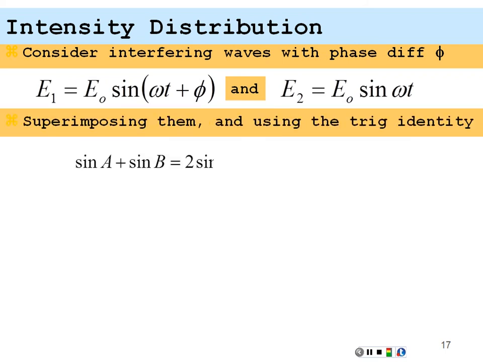We want to superimpose them, and we'll use the fact that if you add two sine functions, sine A plus sine B, that's equal to 2 sine((A plus B) divided by 2) cosine((A minus B) divided by 2).